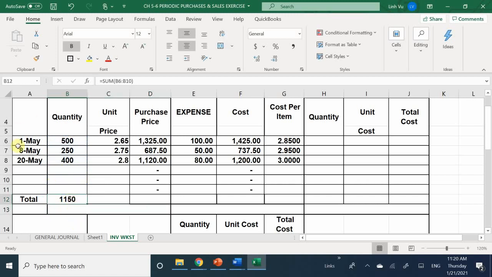So how many total items did I purchase? $11.50. How much was my total purchase price? $3,031.32.5. Good. Okay.